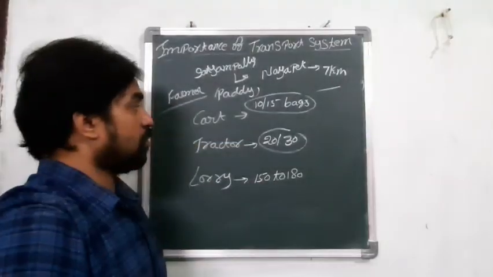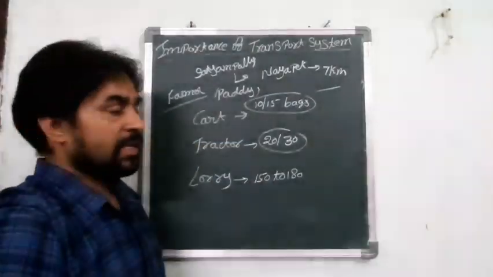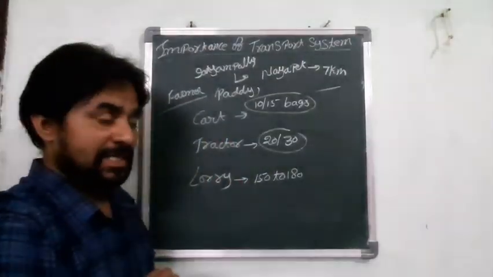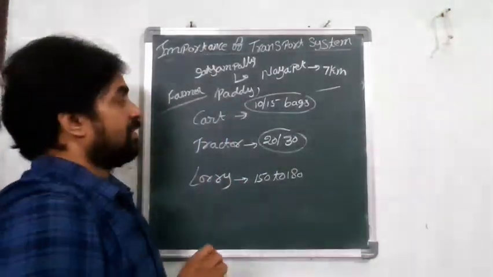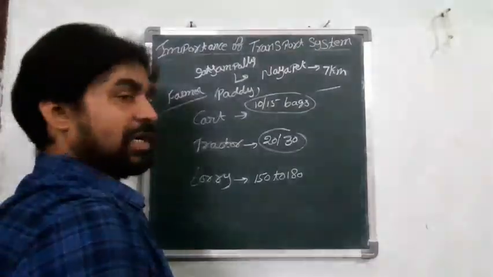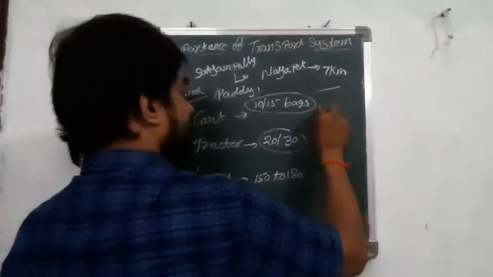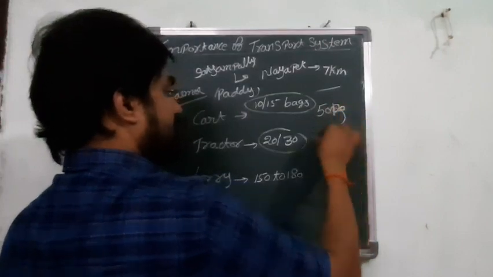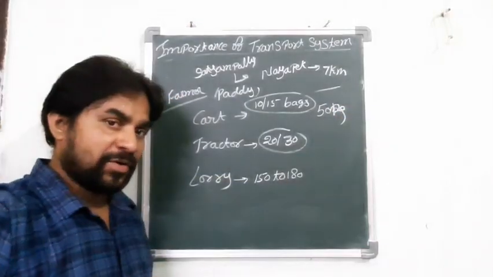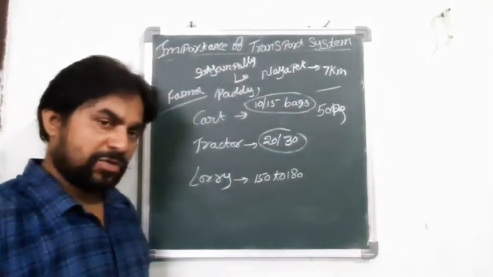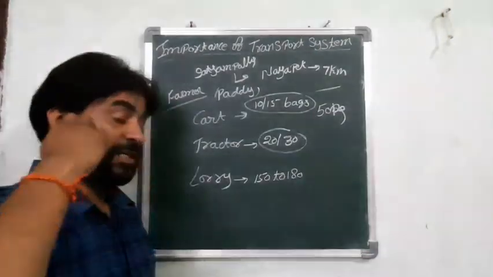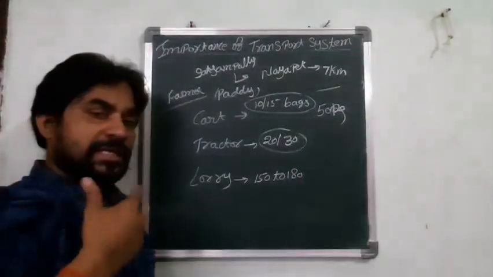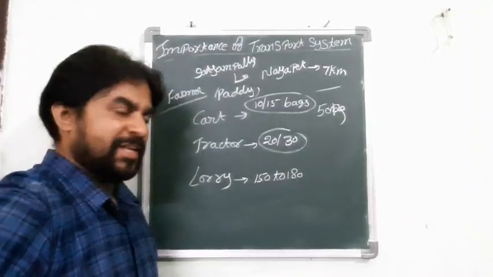So the farmer has to choose the cart, tractor or lorry. For example, if they take the cart, they have to pay 50 rupees for each bag. If they want to take all the paddy to the market by cart, they have to pay 50 rupees for each bag.